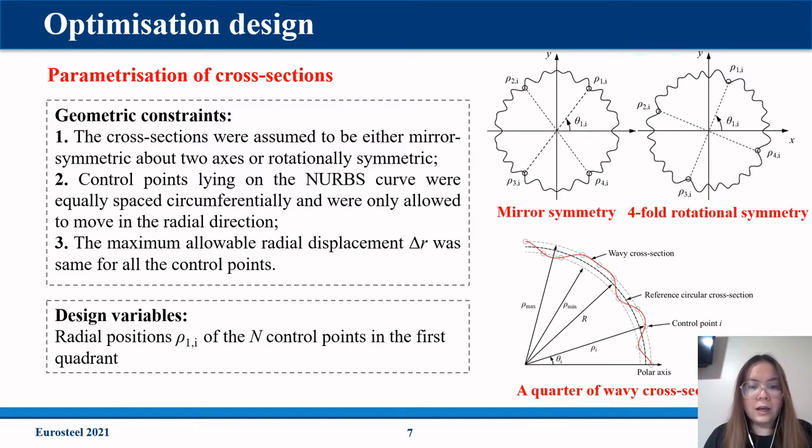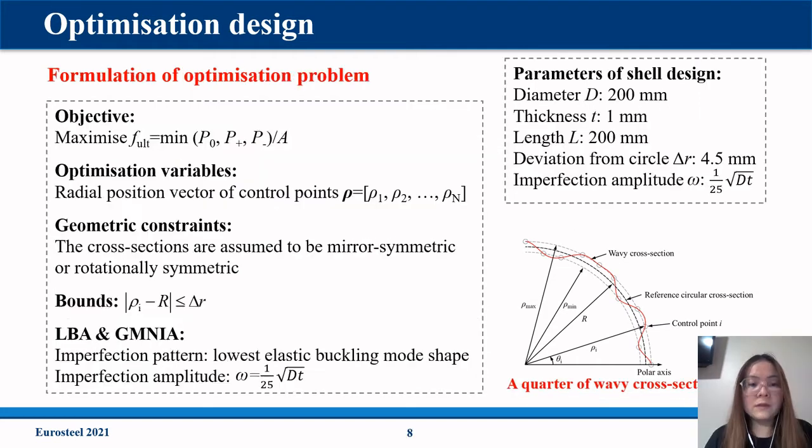Second, the control points were equally spaced circumferentially and were only allowed to move in the radial direction. Third, for all the control points, the maximal deviation from the circle was the same.